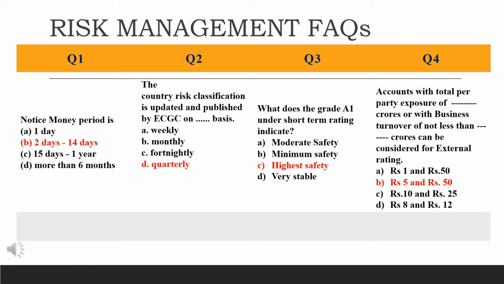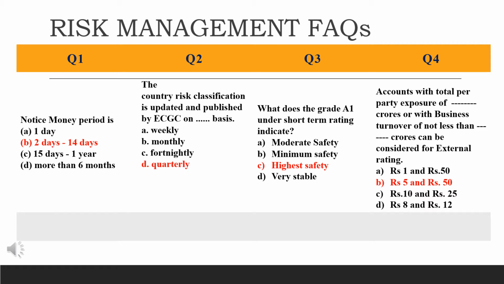Okay. The next comes risk management. The country risk classification is updated and published by ECGC on which basis? Weekly, monthly, fortnightly or quarterly?